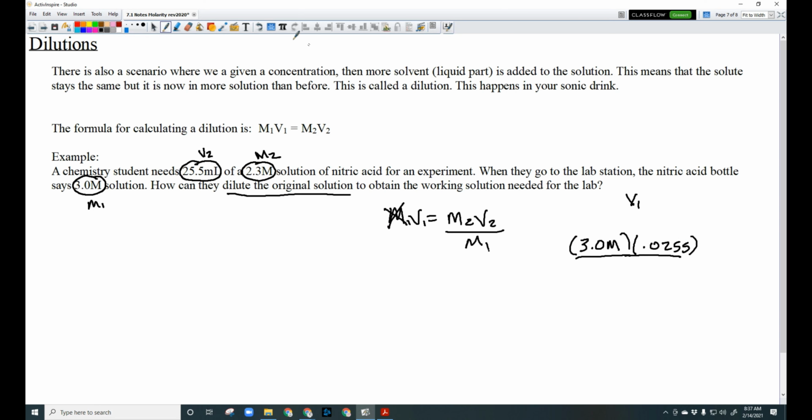I put in the wrong number. Oops, let's go back. This should be M2, 2.3, and M1 is 3.0 molar. All right, let's go ahead and plug these numbers in.